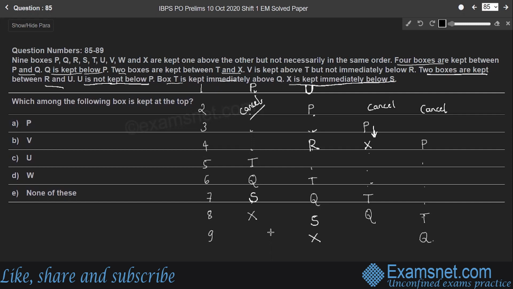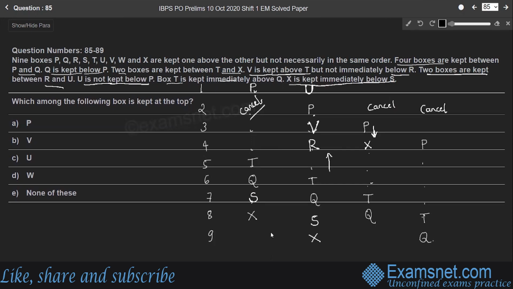The remaining point is this one. V is kept above T but not immediately below R. So above T, V is kept, not immediately below R. Therefore box V is kept at the third position, right?